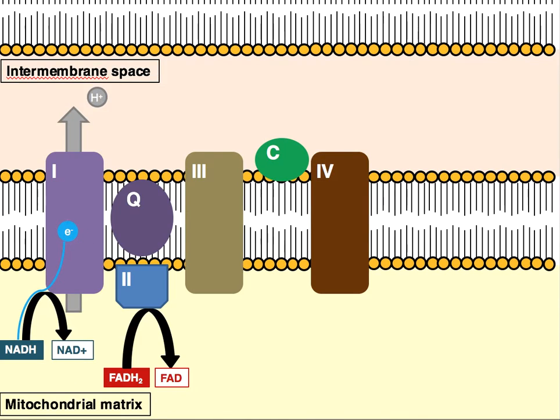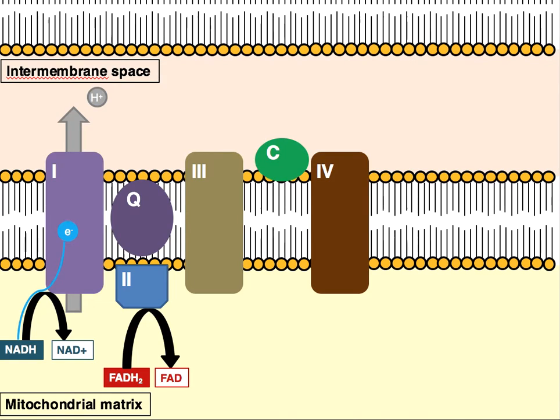Energy released from electron transport down the electron transport chain powers the pumping of protons, H+, across the inner mitochondrial membrane from the mitochondrial matrix to the intermembrane space against its concentration gradient. Only electrons from NADH pass through complex 1 and power proton pumping from that complex.